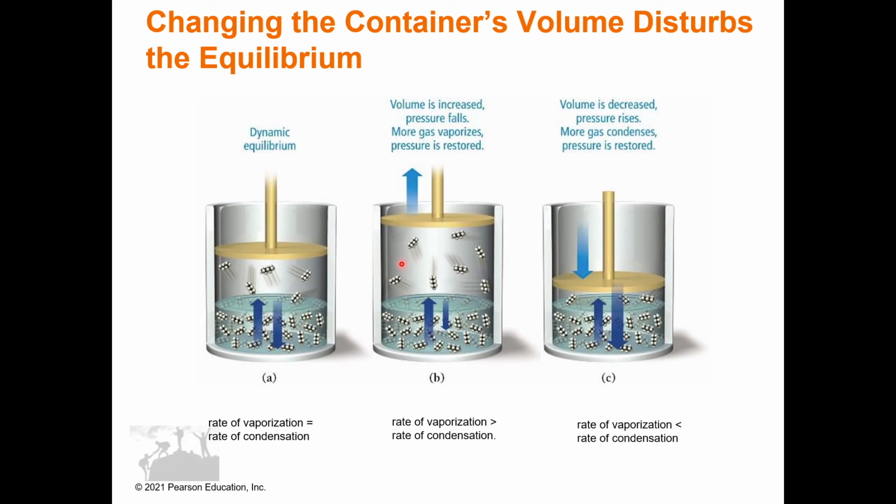Then at some point, dynamic equilibrium will be established again. Now what happens when the volume is decreased? Now there's too many vapor molecules above the liquid, so the rate of condensation is going to increase, the rate of vaporization is going to decrease a bit. So when more gas molecules condense, at some point, dynamic equilibrium is going to be reestablished.